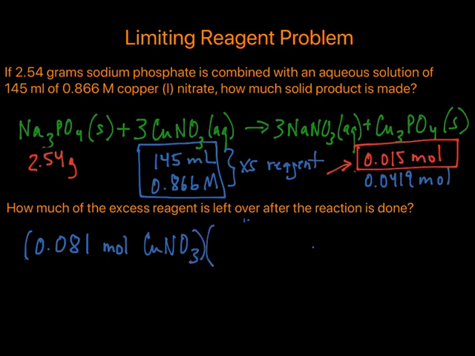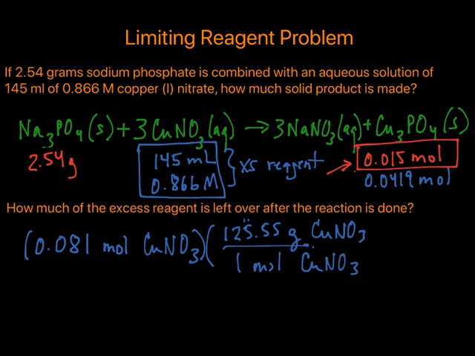To change that into grams, we will multiply it by its molecular weight, 125.55 grams of copper nitrate is equal to 1 mole of copper nitrate. Doing this, we get 10.011 grams of copper nitrate in excess.